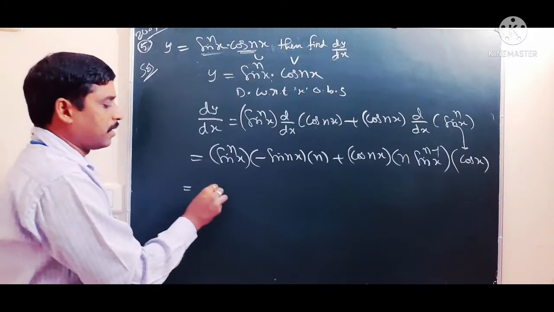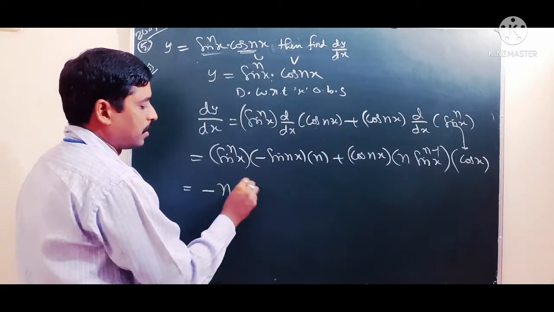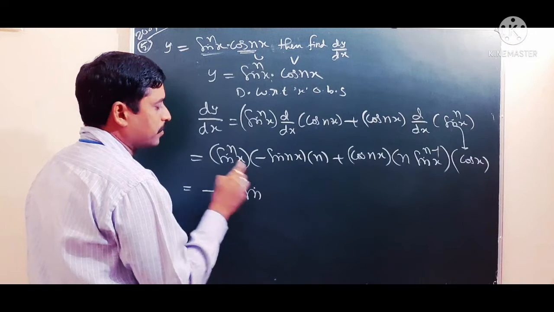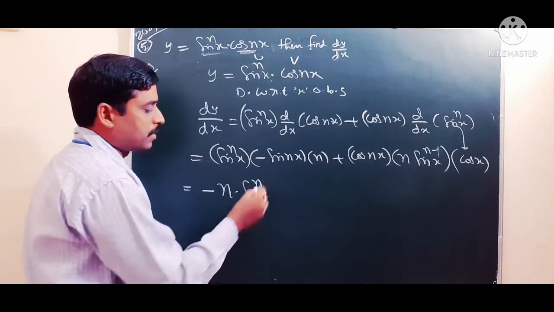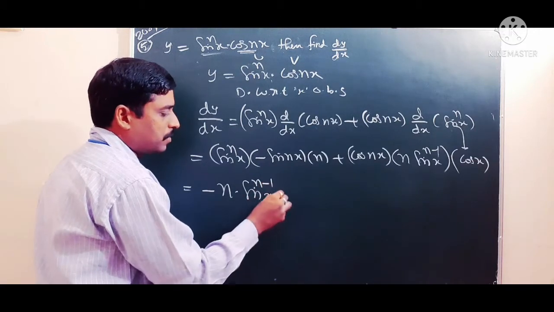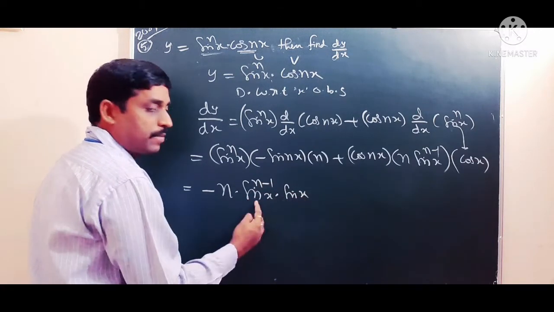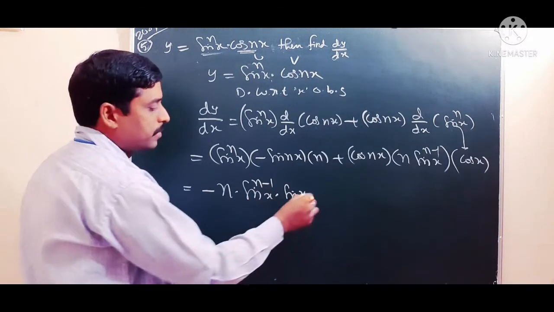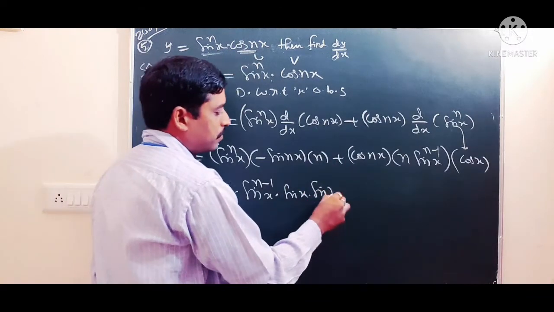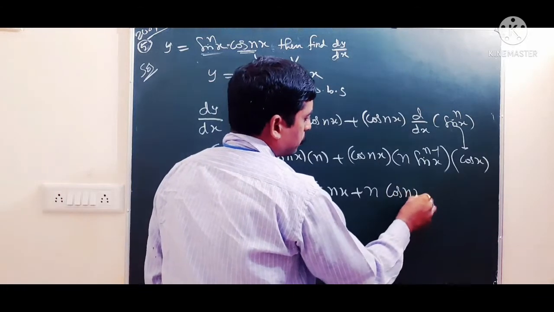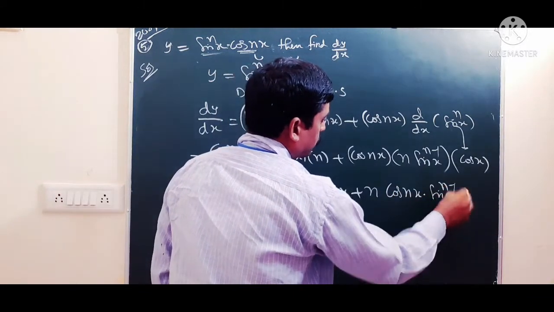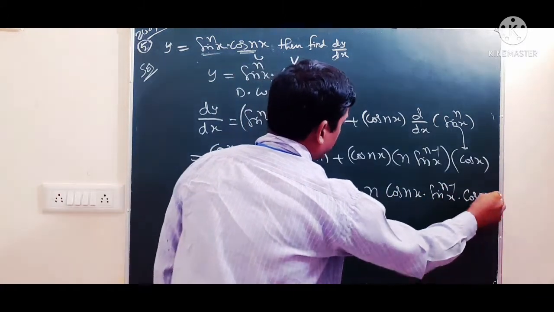So minus n into sin to the power n x, a little adjustment is there: sin to the power n minus 1 x into sin x. Multiply and divide one sin x, the remaining stays as it is. This is n into cos nx into sin to the power n minus 1 x into cos x.